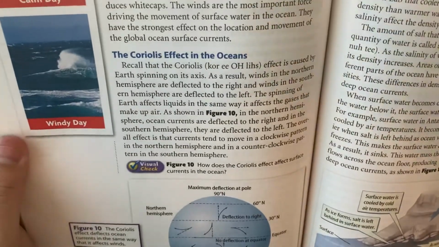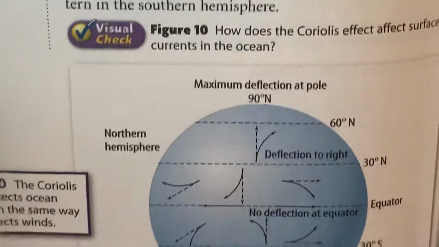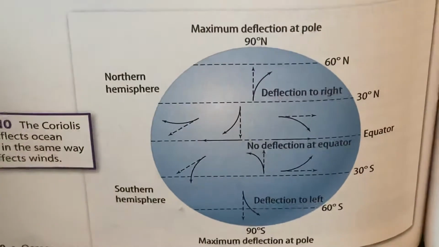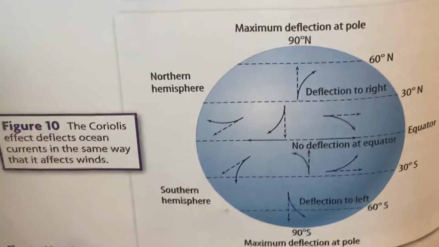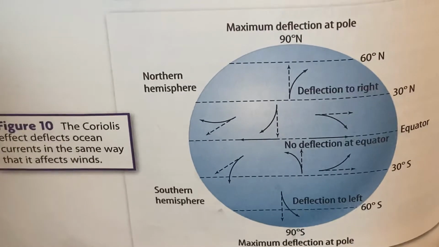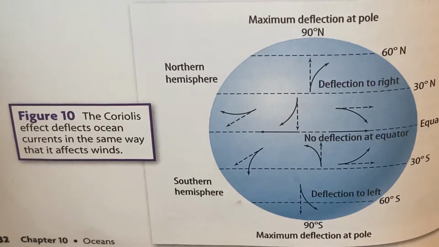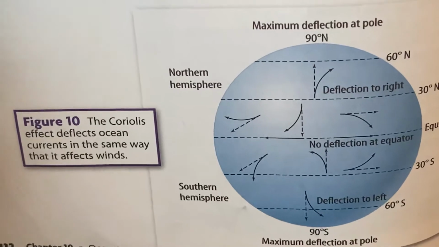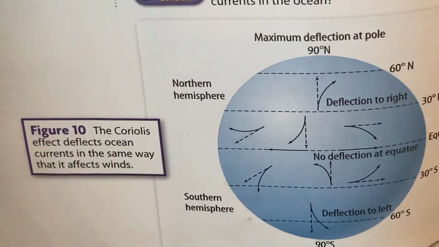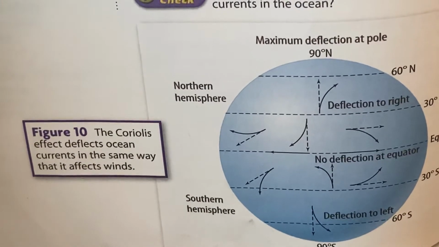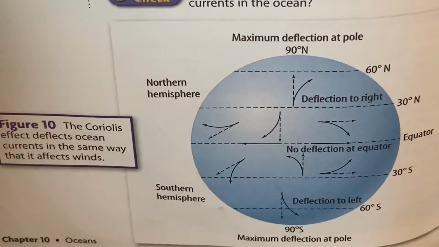In your Google Doc, you do have a question on the Coriolis effect. This one right here. Here's what that means. This might be a little confusing, so I'll try my best to explain it. The water is moving in different directions at the same time, depending on where you are on the earth.